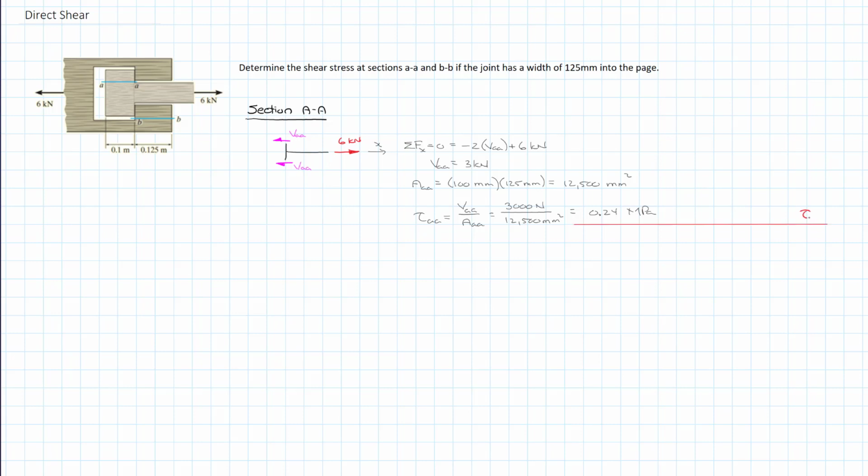So that's tau AA. And so we have one other part to the question, and that is to look at section BB. So we're going to go about it in exactly the same way. So let's draw ourselves a quick free body diagram, if you will.